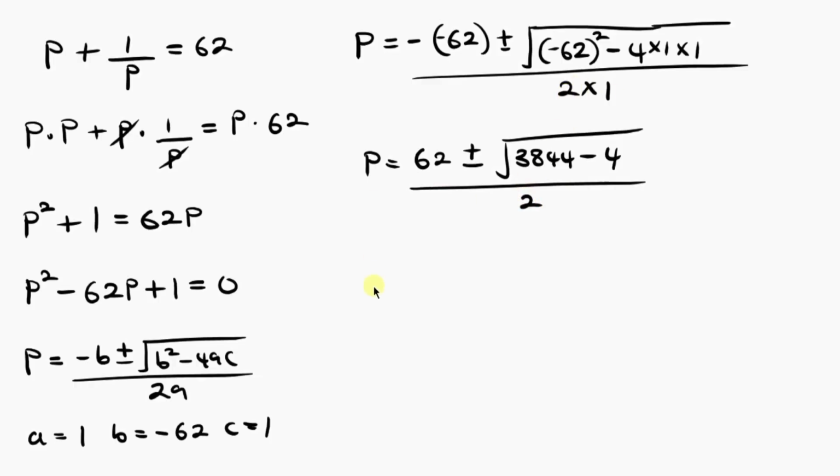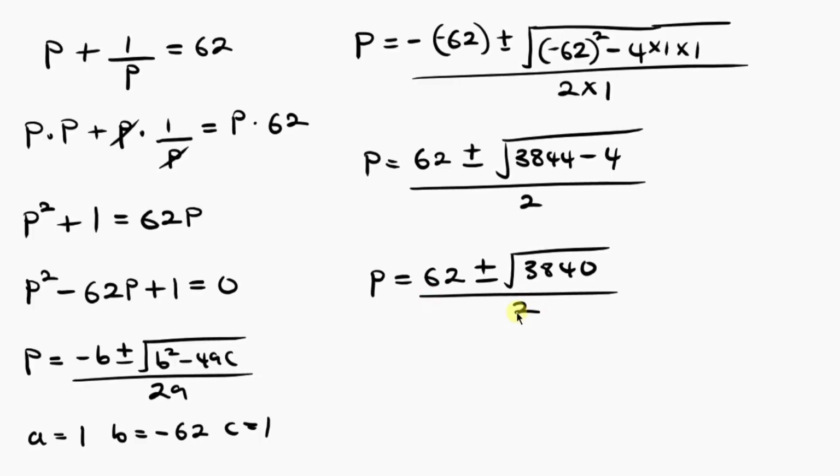Very good. So p now becomes 62 plus or minus the square root of 3844 minus 4, which gives you 3840. Now divide that by 2. Very good. We are moving forward. Now, watch what is going to happen here.